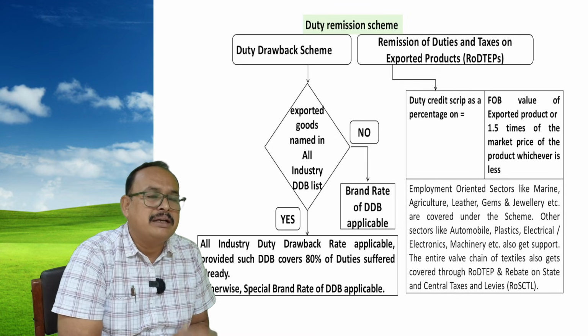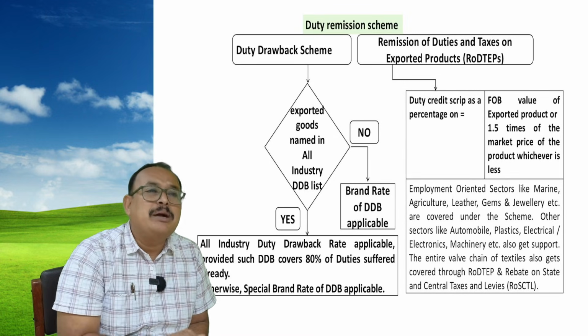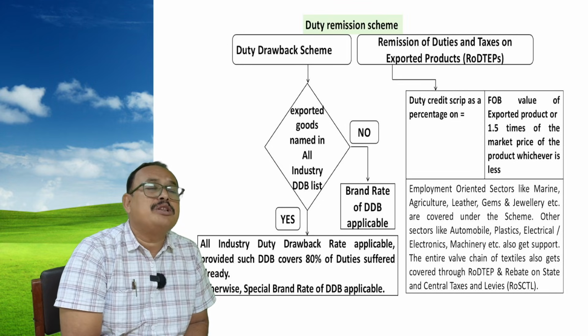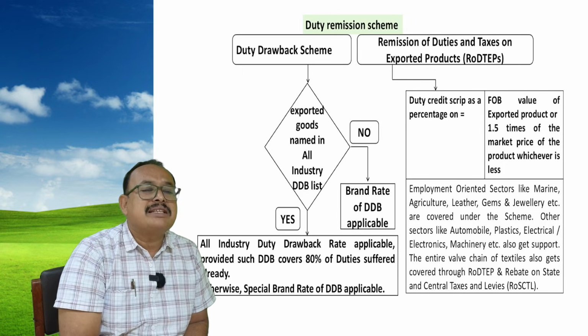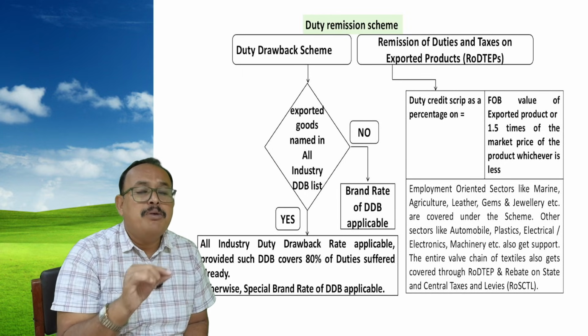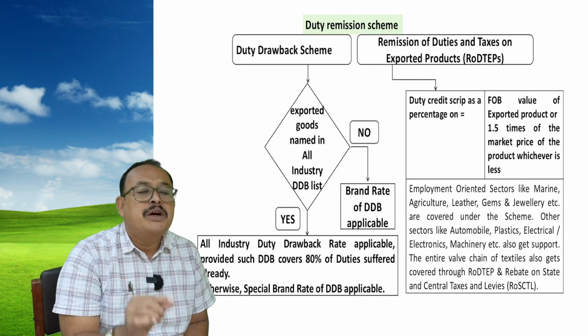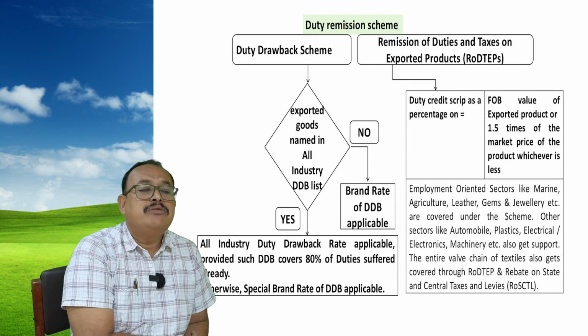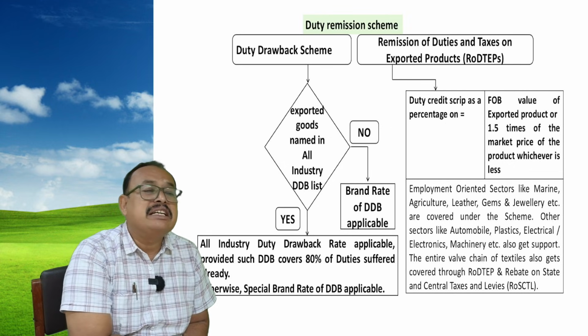Now come back, my dear. When you look into the given case, the RODTEP scheme is applicable on account of a manufacturer exporting the goods outside India. In that case, what is the reward? The reward is equal to the FOB value of the export product or 1.5 times the market price of the goods exported by you, whichever is less.